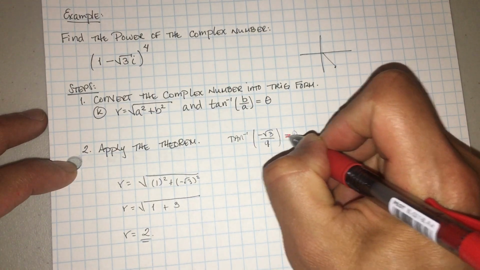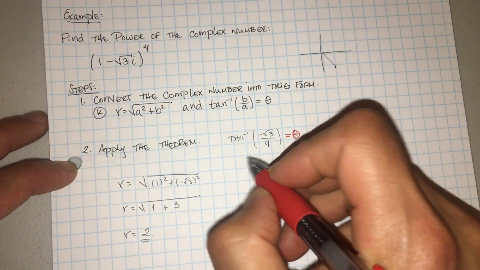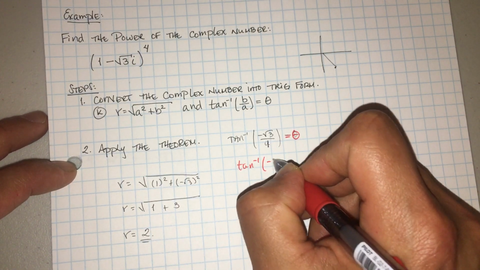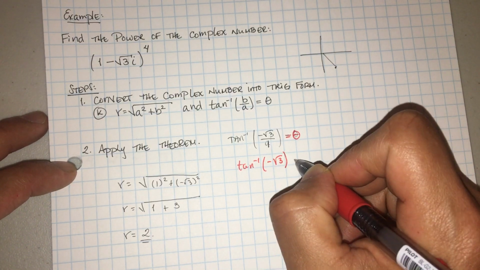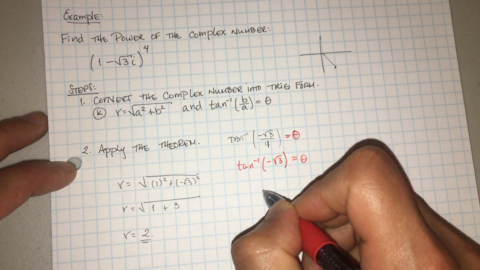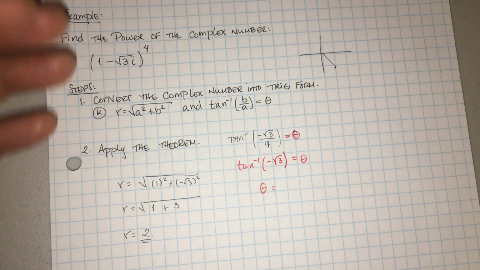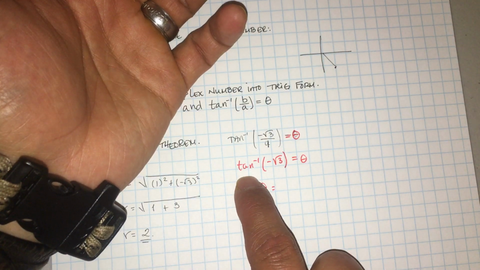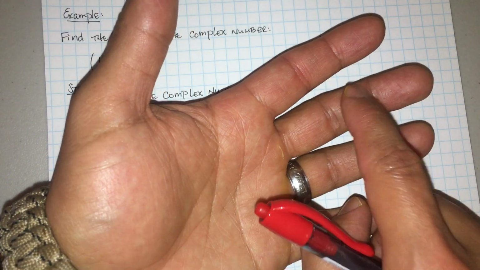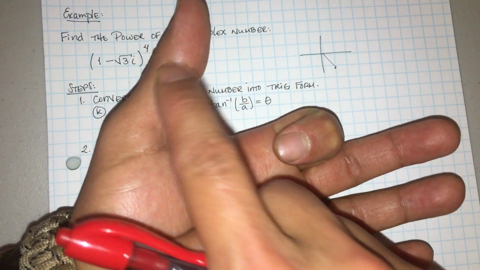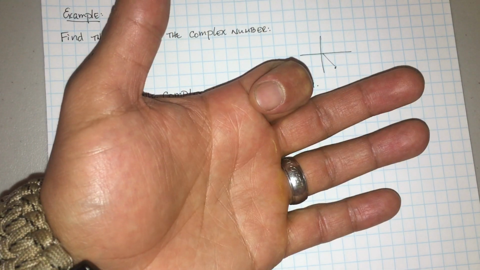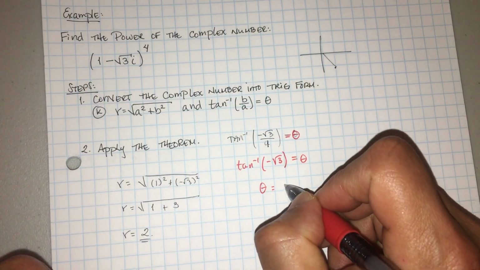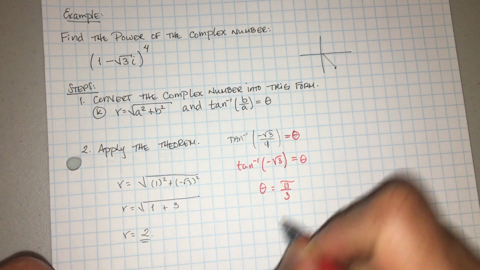What angle do we have for negative square root of 3? Tangent is sine over cosine, so we want square root of 3 over 1. What angle am I looking for? I'm looking for 60 degrees, which is the same thing as pi over 3.